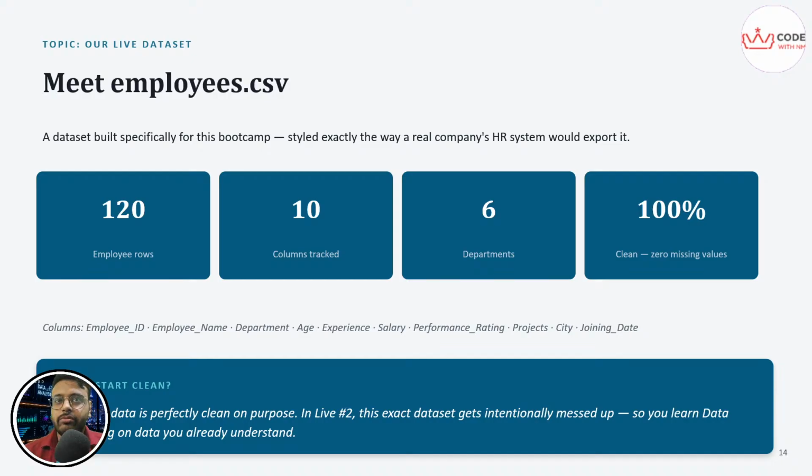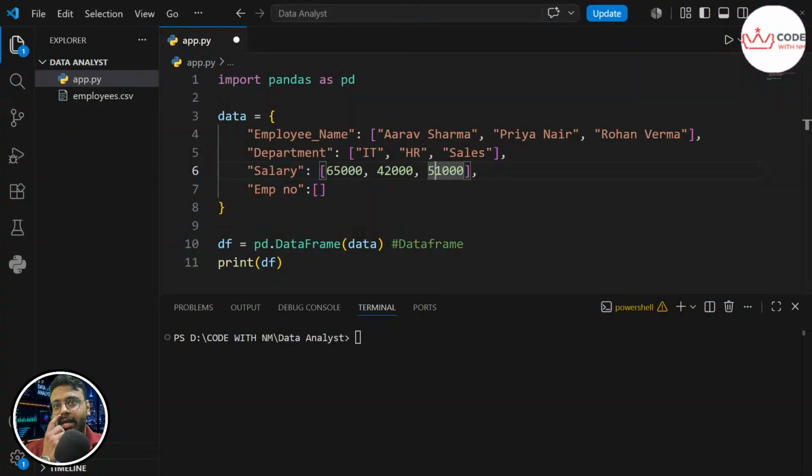I've already shown you the data in Excel. Let's jump on to VS Code, and let's start reading something from our employees.csv. Let me remove this data.